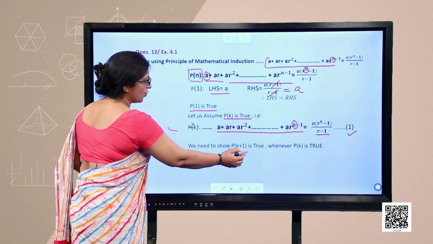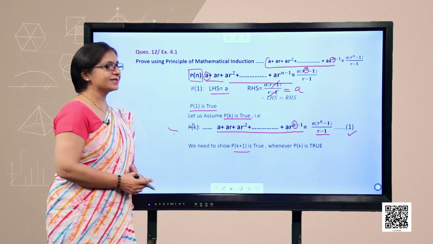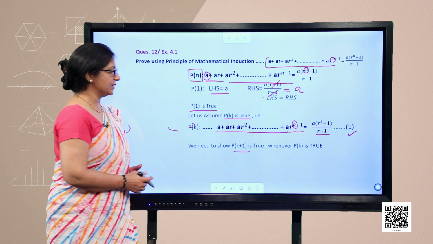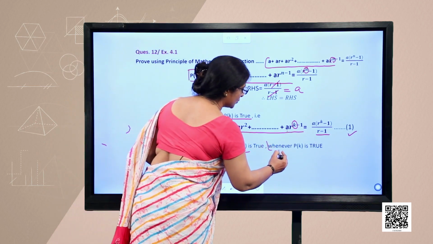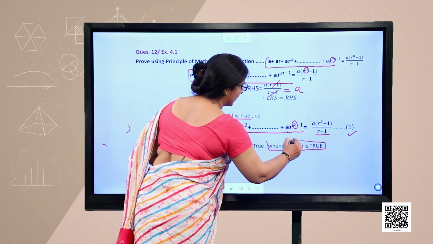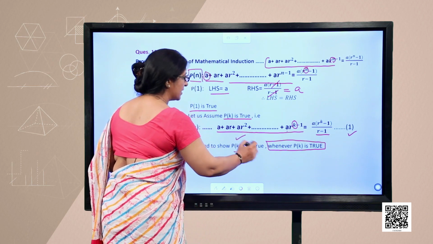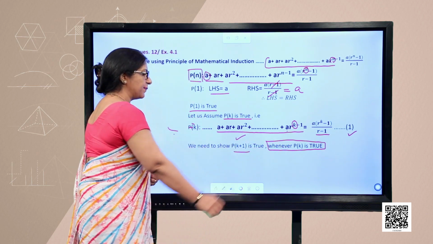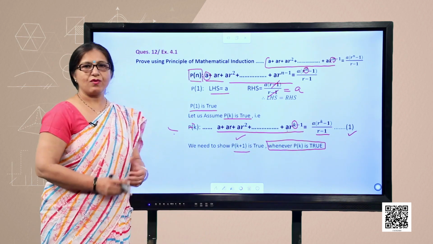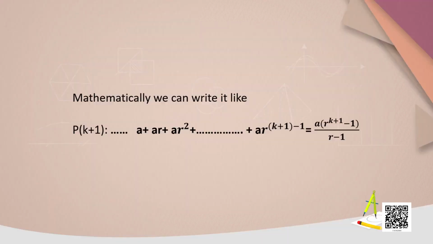Now we need to show that Pk plus 1 is true whenever Pk is true, because we assume that Pk is true and we need to establish that whenever Pk is true, Pk plus 1 is also true. What is Pk plus 1? Pk plus 1 is a plus ar square plus dash dash dash plus ar to the power k minus 1 plus ar to the power k.